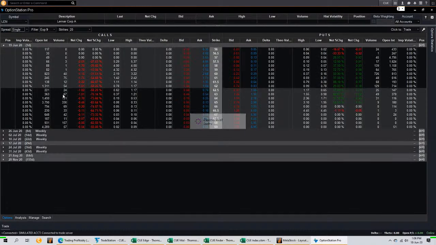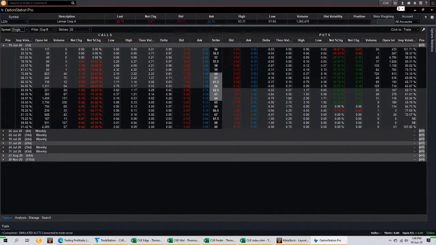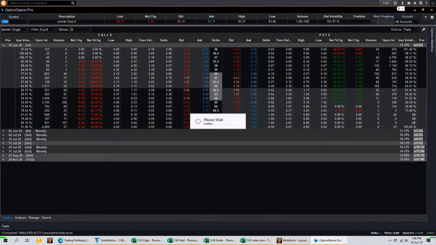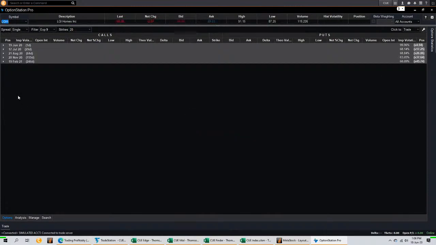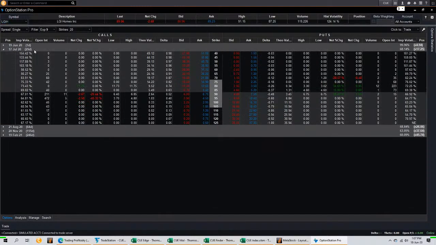I'm loading the option chain on TradeStation. Let's open LGIH. Because this is a swing trade, not a day trade, let's use monthly options. I'm going to look at the options expiring on 17th July.